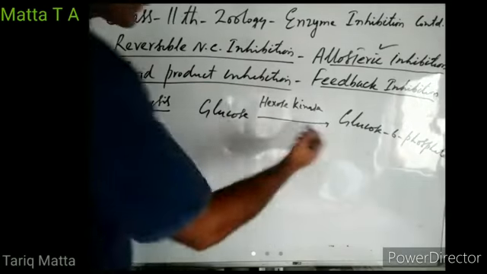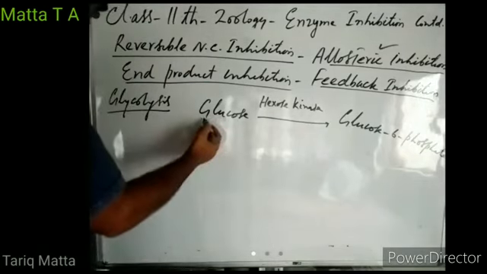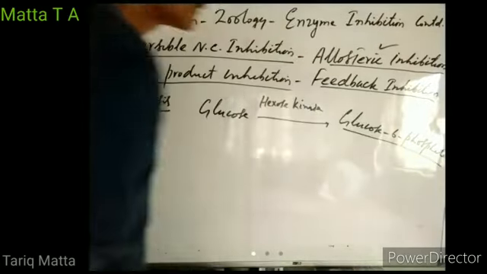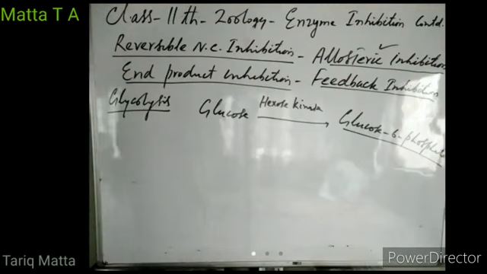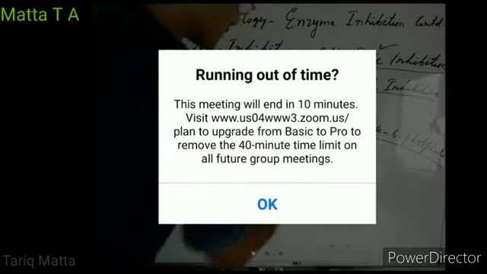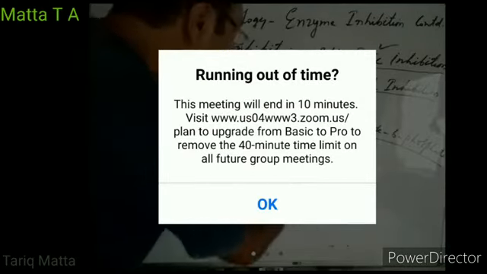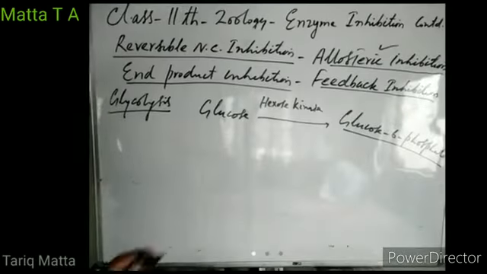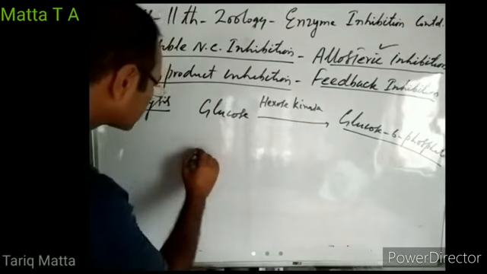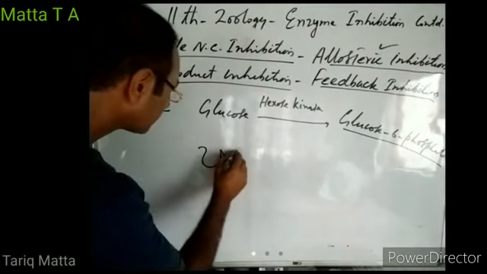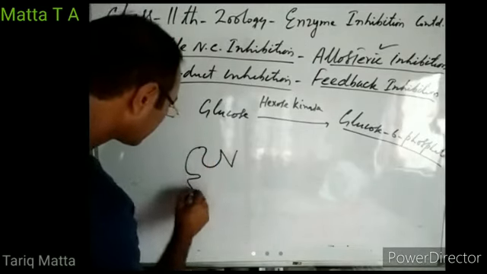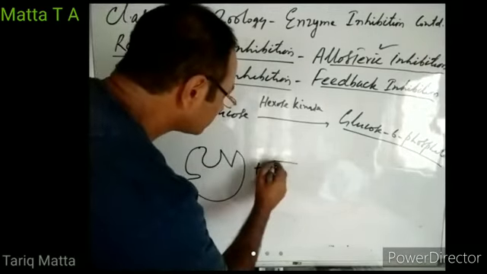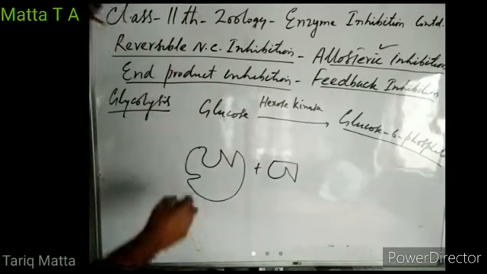So when glucose is converted into glucose 6 phosphate, and this end product accumulates in sufficient quantity, then the glucose 6 phosphate binds to the allosteric site of the enzyme. Suppose this is the allosteric enzyme. Its substrate is glucose, right?